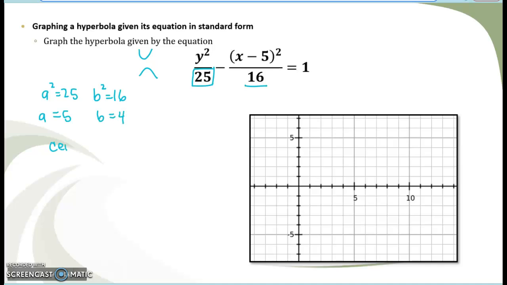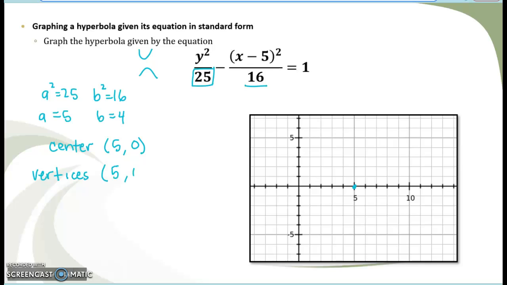What's the center? The center is at (h, k). h happens to be 5, and k is 0. So we're going to be at (5, 0) for this one. Our vertices are going to go up and down from that center, so our y value is going to be affected.